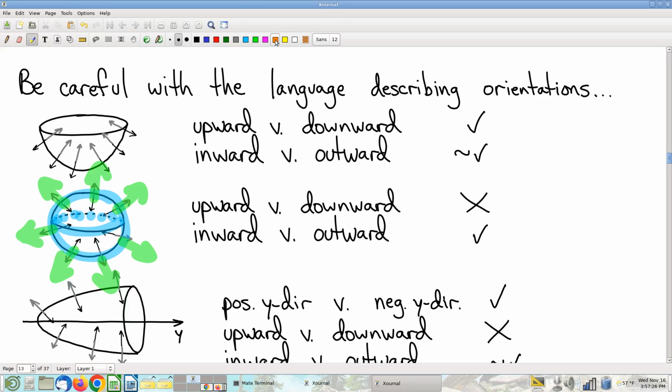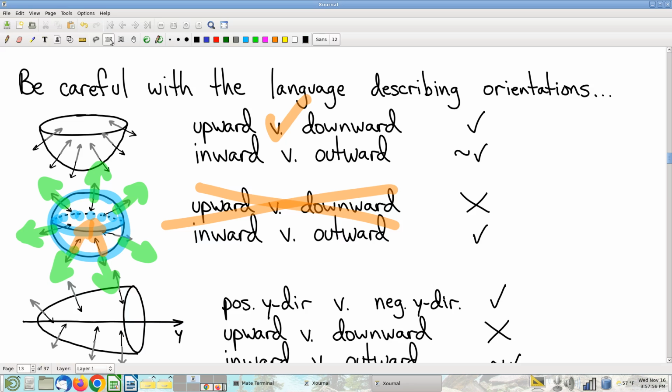And even worse, the orange orientation, some of its vectors are upward. So upward is really ambiguous. It doesn't distinguish really at all between the two possible orientations. So this is terrible terminology if your surface is a sphere. It's great if you're talking about a cereal bowl. Terrible for a sphere.